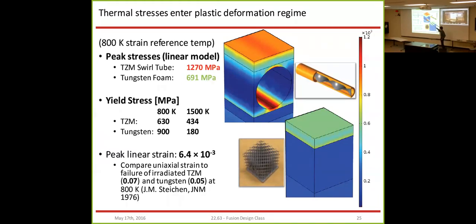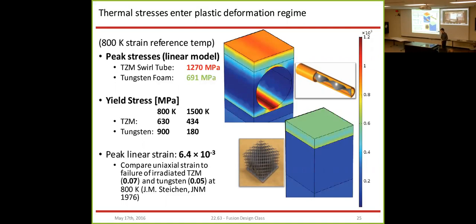Again, these peak stresses are due to geometric effects of the swirl tube, versus around 700 megapascal using some sort of isotropic foam material. Comparing these to the yield stresses of TZM and tungsten at the operating temperatures that we expect to see, these do exceed the yield stresses.